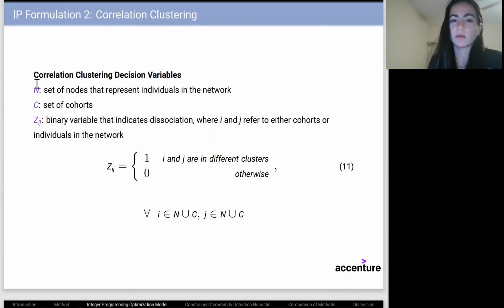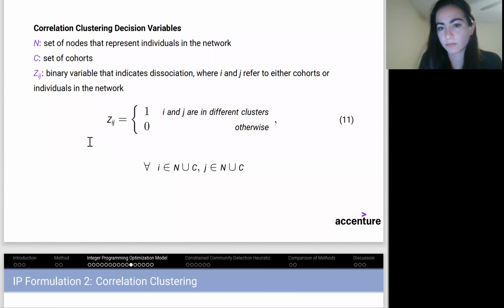So again, we have N as a set of nodes, C is a set of cohorts. Now this Zij variable, notice we just have two indices for this. It just indicates dissociation, where I and J can refer to either cohorts or individuals in the network.